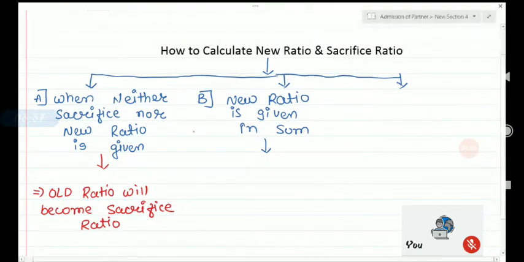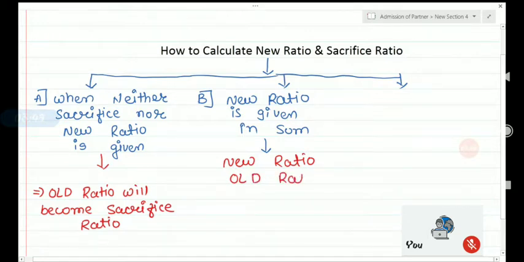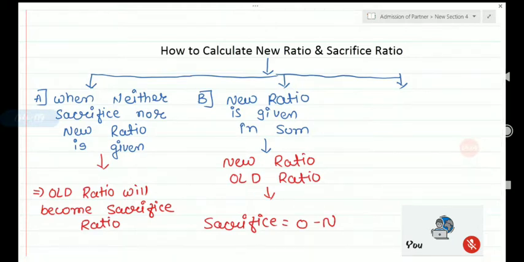You have the new ratio, and definitely the sum has provided an old ratio also. Now simply you need to apply the formula that sacrifice equals old minus new. That's all. Now simply you need to calculate old ratio minus new ratio. Nothing much is required.